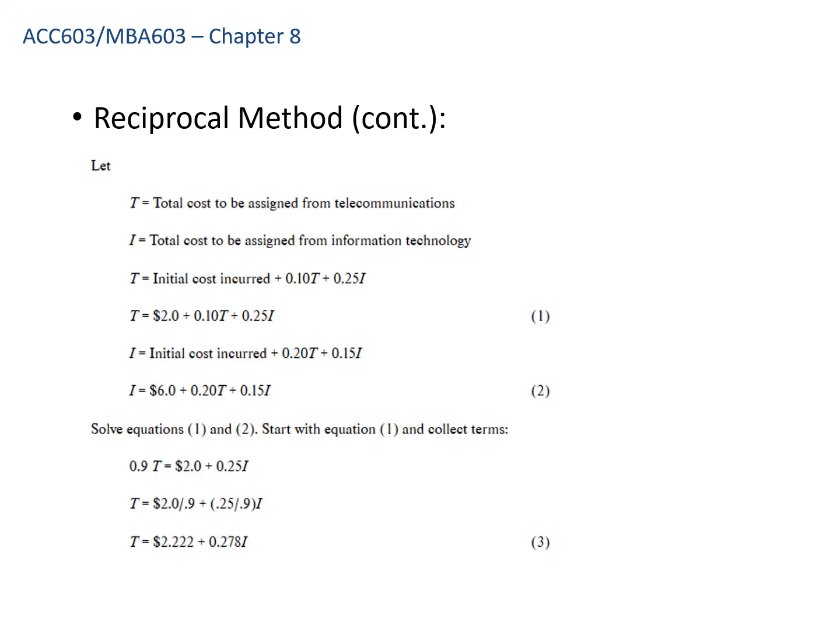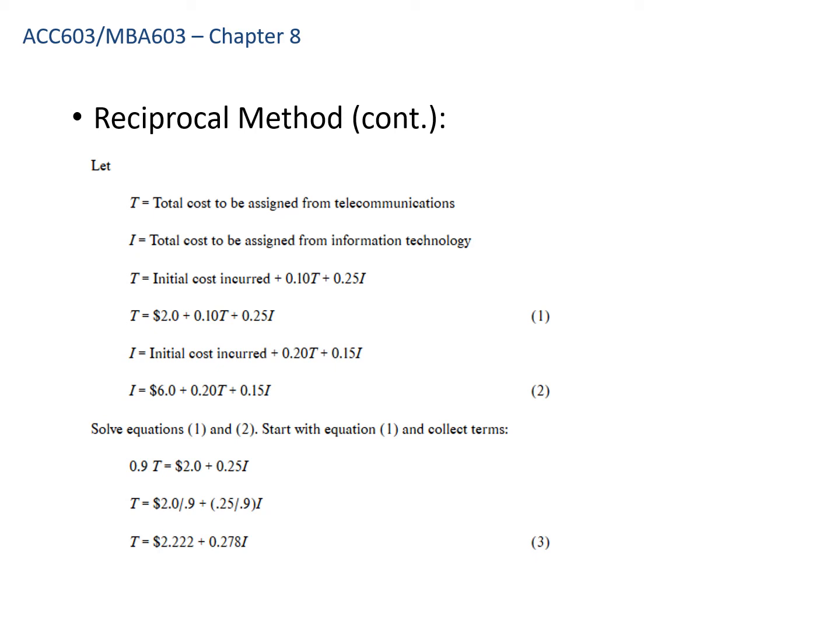So the way that works is, first we have telecommunications cost. I'm going to take the total cost assigned from telecommunications, that's T. And for I, it's the total information technology cost. So I believe T was, let me look back at my notes here. So telecommunications was 2 million and IT was 6 million.